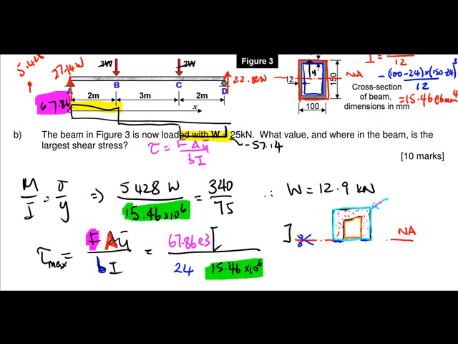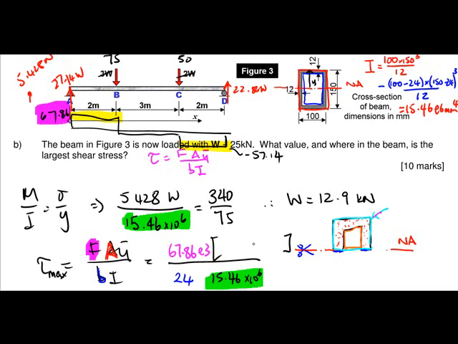You've got that area, which is 100 across times 75 down, and the y bar, the distance from the neutral axis to the centroid of that light blue, is half of that, 75 over 2.